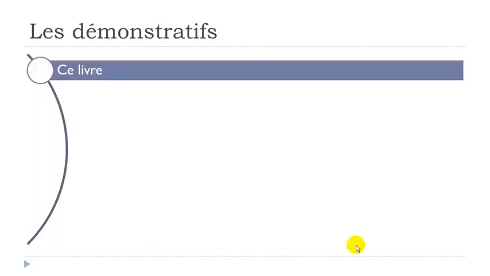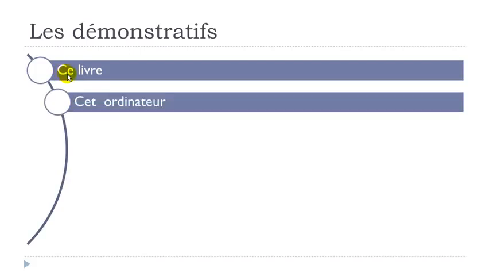One example, ce livre. So this book, livre is book. Here, livre is masculine, so you will have to use ce, and it doesn't start with the sound of a vowel, so it's the basic ce. This book, ce livre. And now we've got ordinateur.